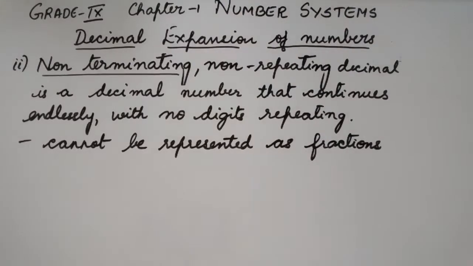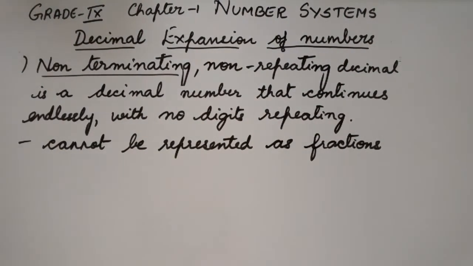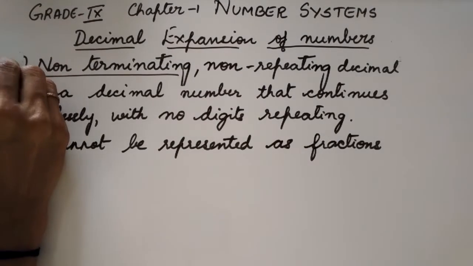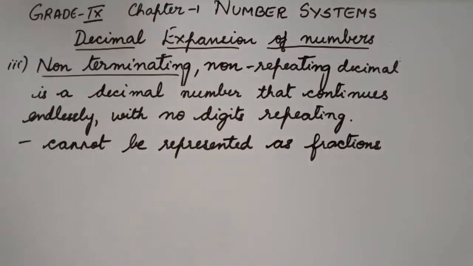But in the second type, the non-terminating repeating decimal, they were represented as fractions. For example, 2 by 11, and 1 by 6, all those were fractions. But here you cannot represent the third type as fractions.